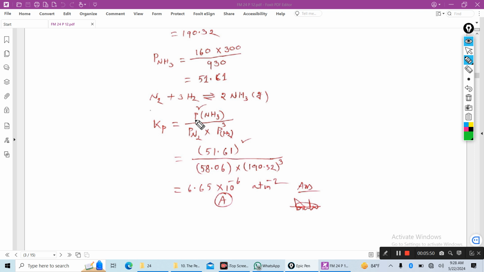So Kp will be partial pressure of ammonia squared divided by partial pressure of nitrogen times partial pressure of hydrogen to the power 3. So if you put in the values, you will get 6.65 times 10 to the power minus 6 atm inverse 2. Answer A is the right answer.